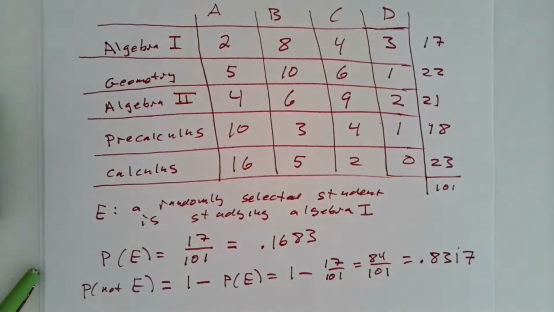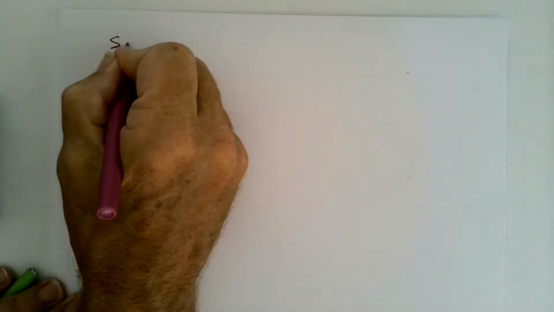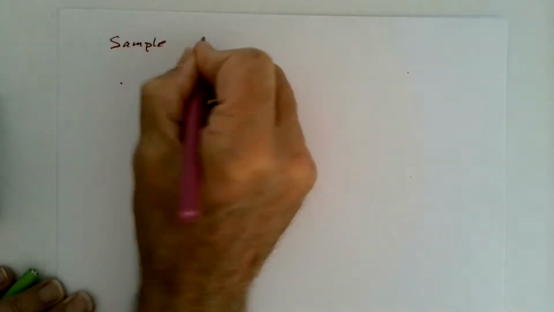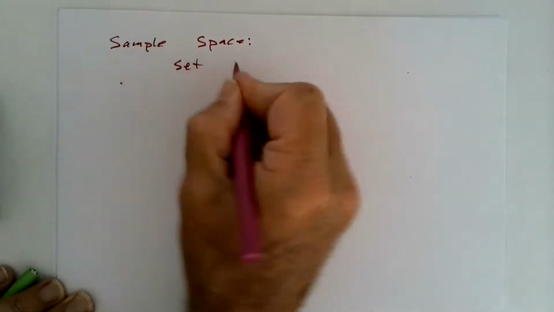So that's our basic idea. We have 2 rules. Let's just quickly remind ourselves of our notation. We have a sample space, which is a set of all equally likely outcomes.